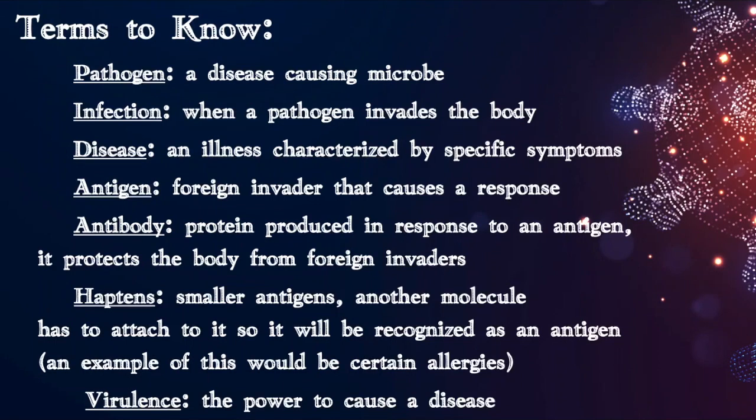An antigen is the foreign invader that causes a response. And so this can be anything from a virus or a bacteria, or even a foreign blood type or tissue.